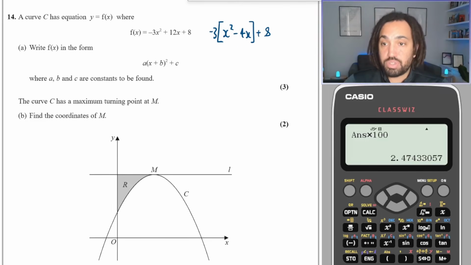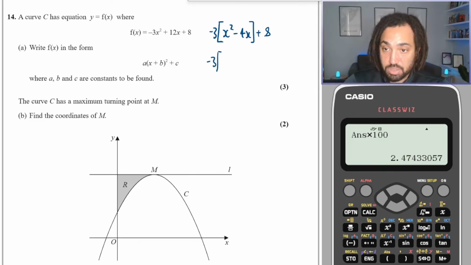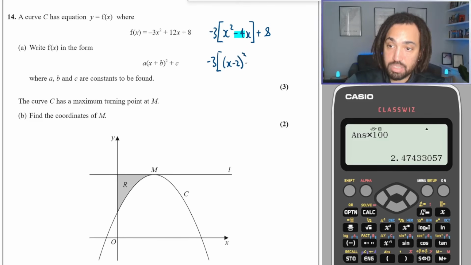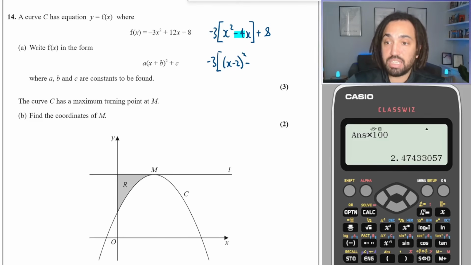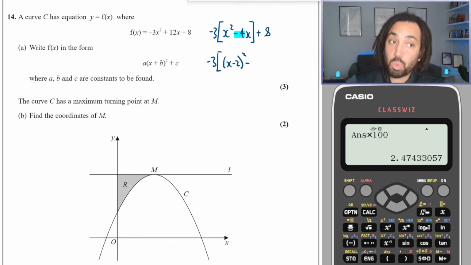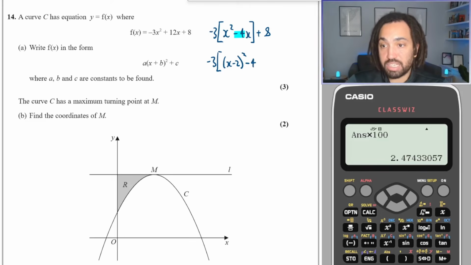And then what we would do is we would complete the square inside the square bracket. We would take the term here minus 4 and half that to give me x minus 2 all squared, and then we subtract, always subtract, that value minus 2 squared, which is 4. So we're taking away 4.